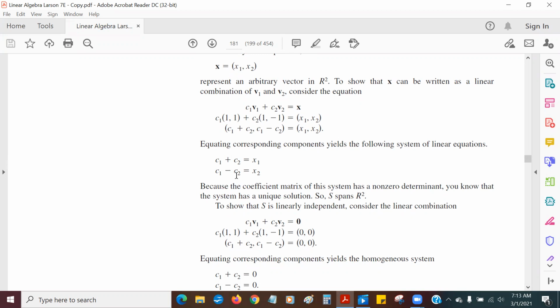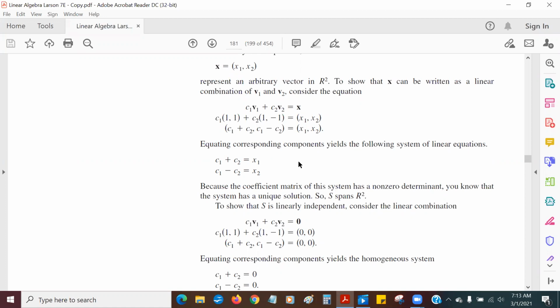The determinant of that is -2, and I don't care what the determinant is, as long as it is not 0. With a non-zero determinant, no matter what numbers you pick for X1 and X2, I will be able to solve this equation.